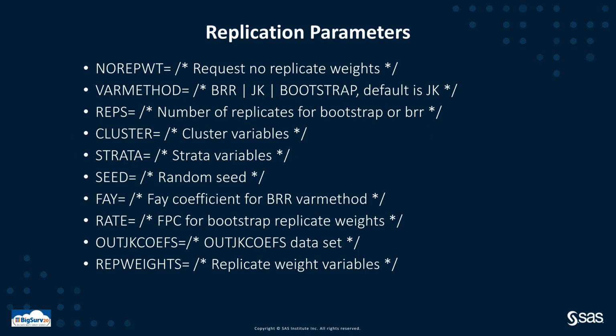If you do not provide your own replicate weights, you need to specify the second group of parameters to control how the replicate weights are constructed by the macro for future analysis. You specify these replication macro parameters exactly as you would in any of the survey analysis procedures. So I will skip addressing them in detail here. You can look them up in the SAS documentation.